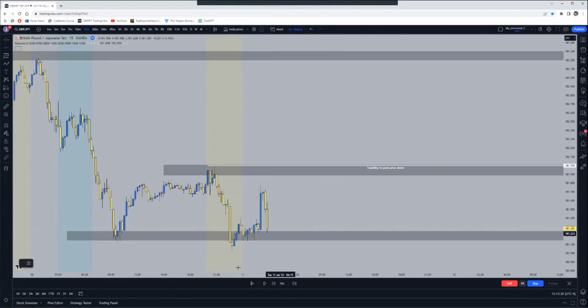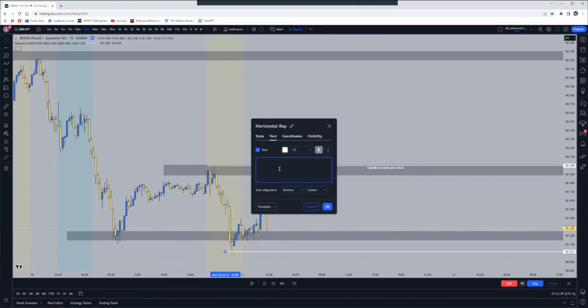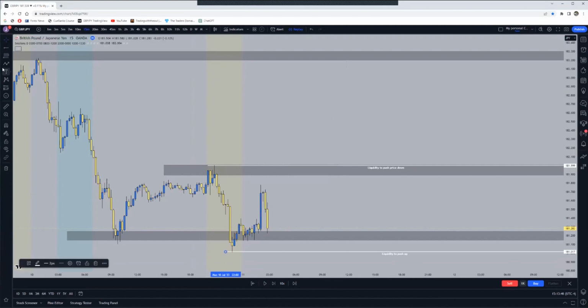And we're going to mark the Asian session low, which is the lowest point that price reached, which is over here. We're going to mark that as liquidity to push up. Now I know that if price comes down here during London session, it is possible it's going to take out stop losses, then push up to come over here, make a deeper retracement, or maybe just come over here and keep pushing down.